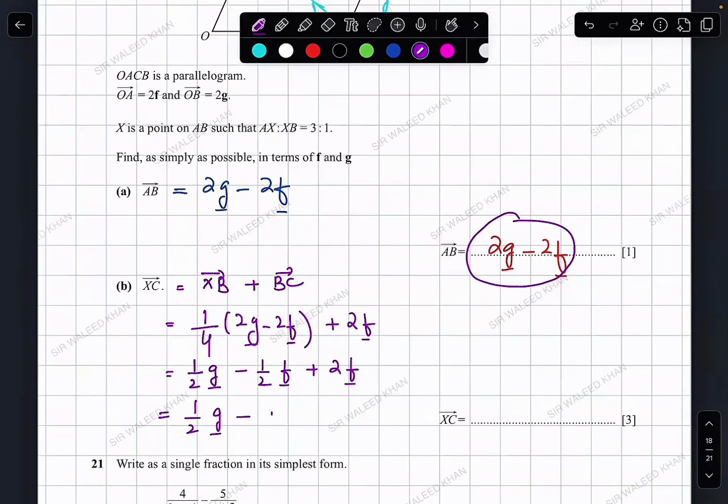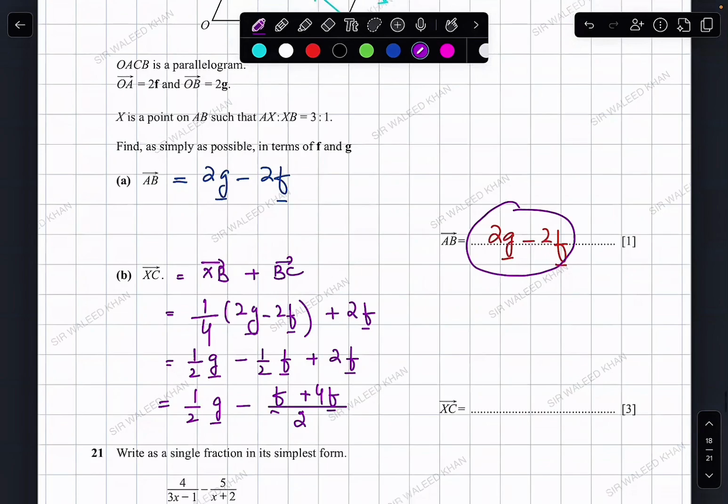So this will be 1 by 2 F, negative F plus 4. So we have 3 by 2 F, and this should be 3 by 2 F positive and 1 by 2 G. So 3 by 2 F plus 1 by 2 G.